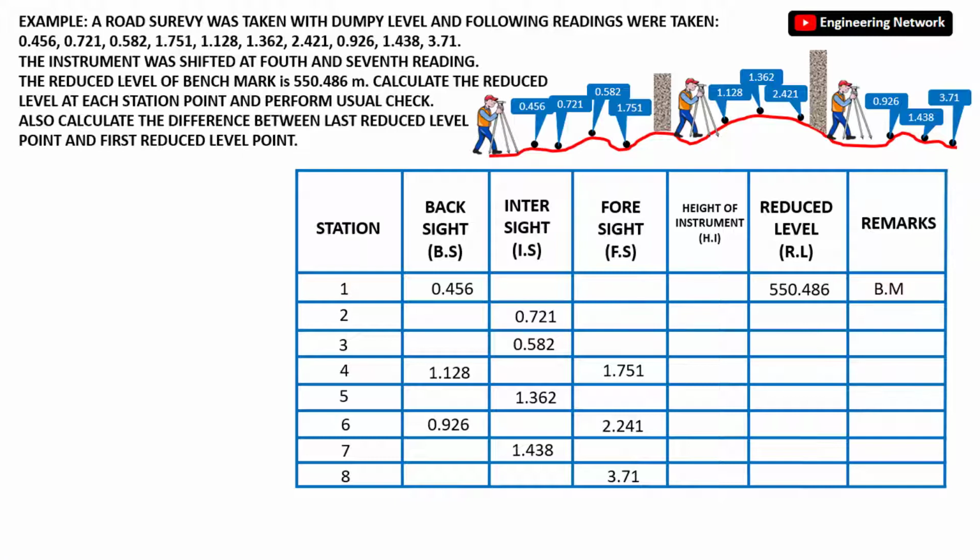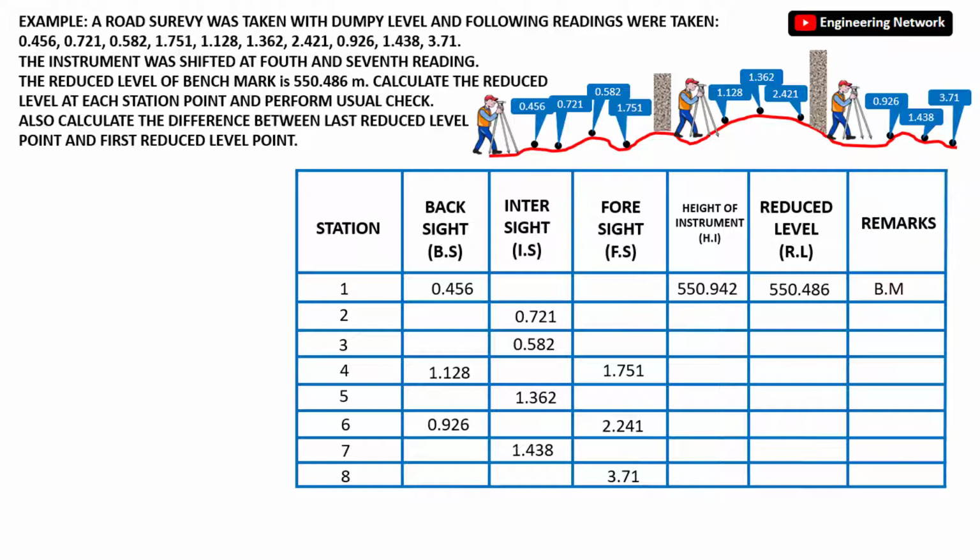The HI formula is reduced level plus backsight. So the height of instrument at station 1 is equal to 550.486 plus 0.456, and it will become 550.942 meter.